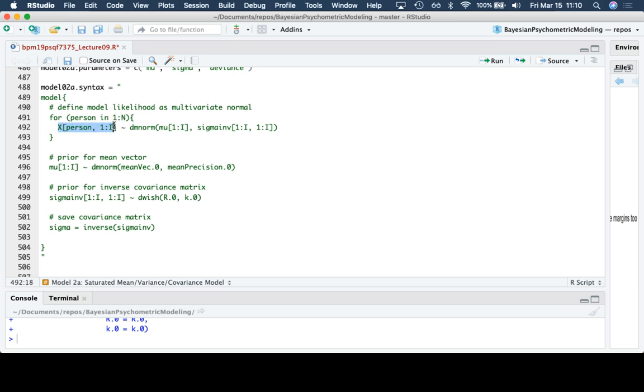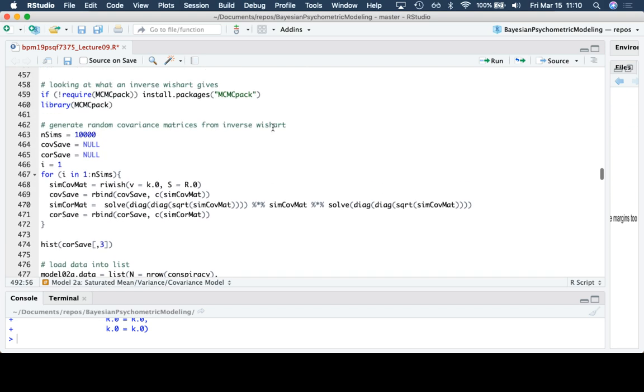We're going to take the vector of observations for each person, so I have a given person, and then these are all the observations, 1 through I. We're going to say that follows a multivariate normal distribution. This is different from the univariate case in that this is dmnorm instead of dnorm. We give it our prior mean. We give it our prior, which is now an inverse covariance matrix.